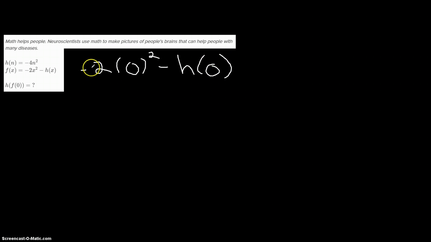Okay, so we know that 0 squared is 0 times negative 2 is 0. And then we know that h of 0 equals negative 4 times 0 squared.